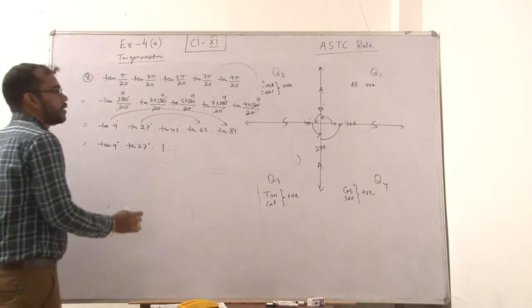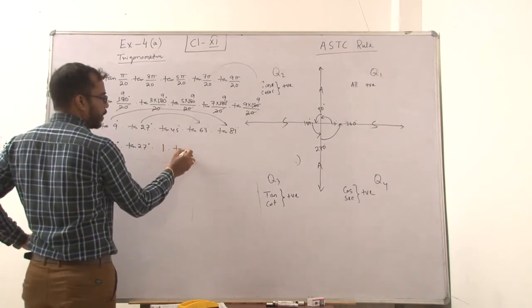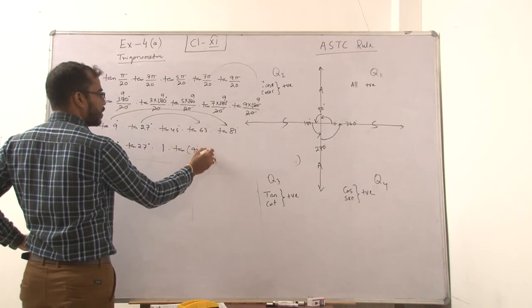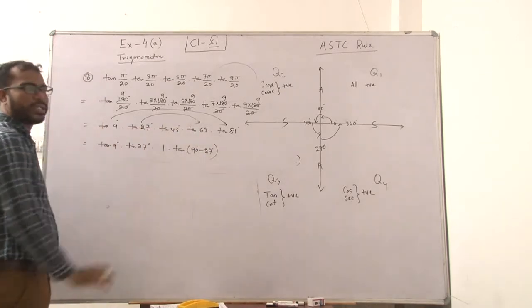So you can write 1 here, and tan 63 can be converted to tan of 90 degree minus 27 because it is related to 27.